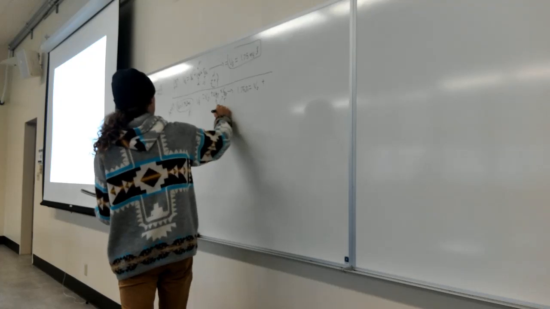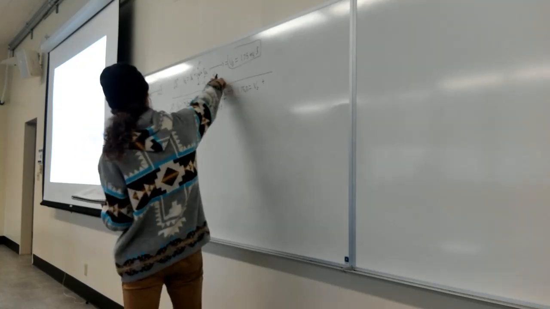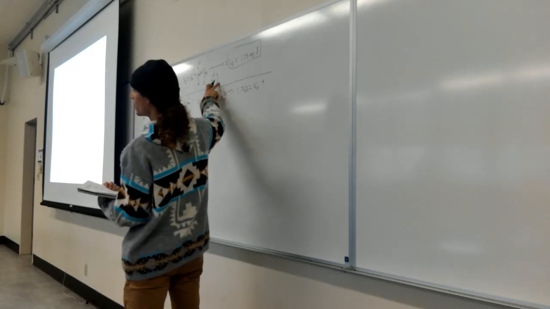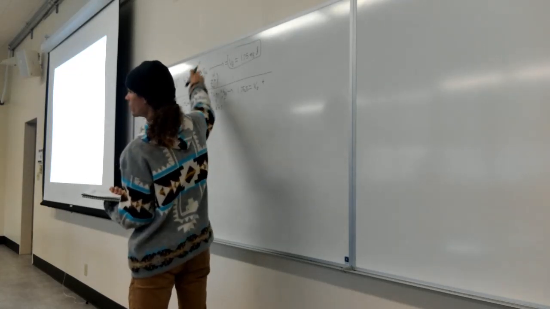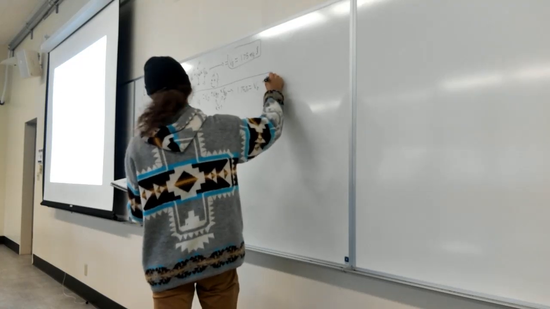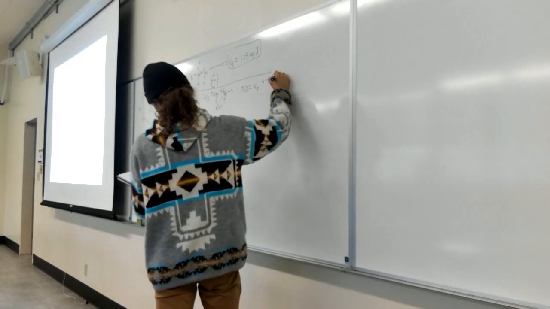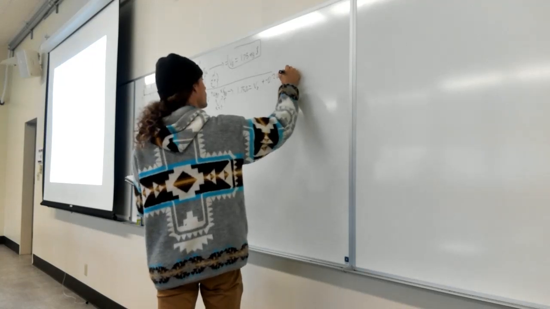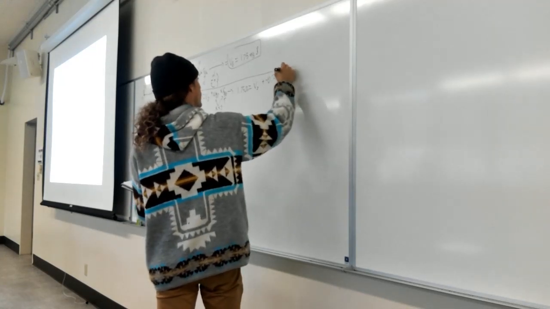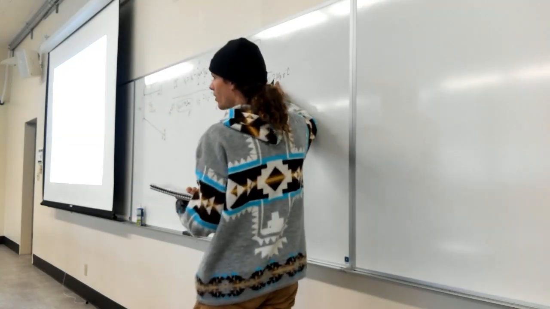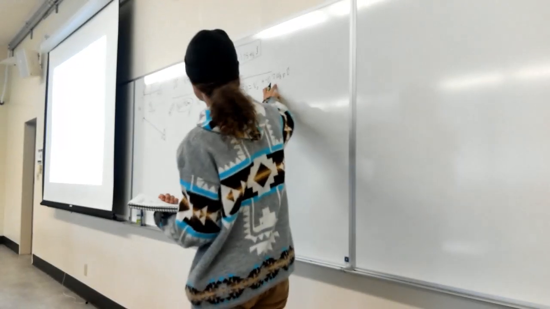So k cross a positive j is going to give you a negative, because we're going this direction. So you get negative 0.2 times omega BD i hat, where this is just the numerical value of omega BD.